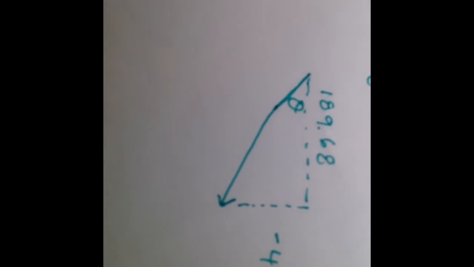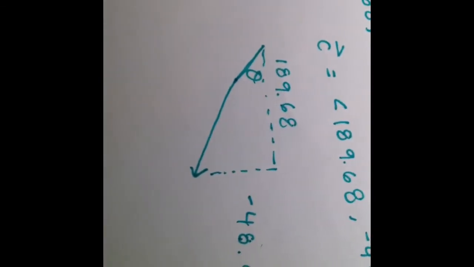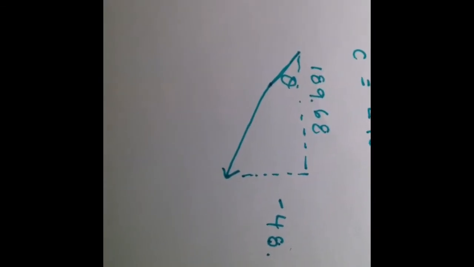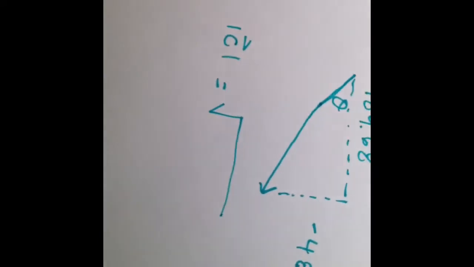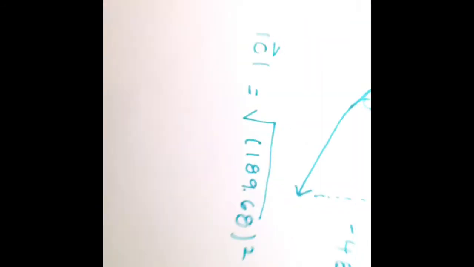So to find the magnitude, I'm going to go ahead and use the Pythagorean theorem. Everyone knows how to do this, but just to review, the magnitude of C is equal to the square root of the squares of the two legs of the triangle. So you have 189.68 squared, and you add that to negative 48.9 squared.